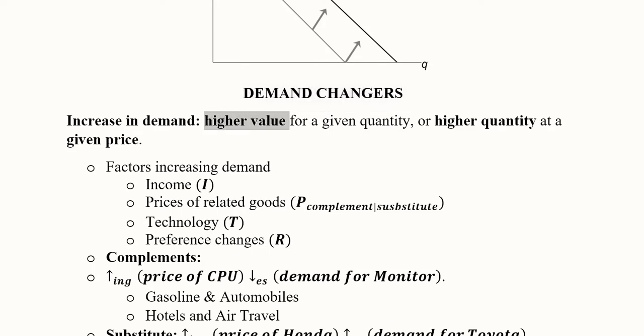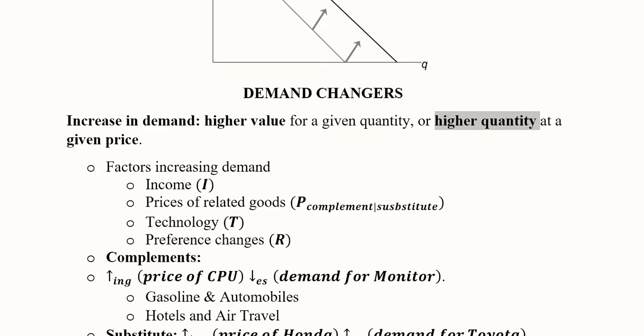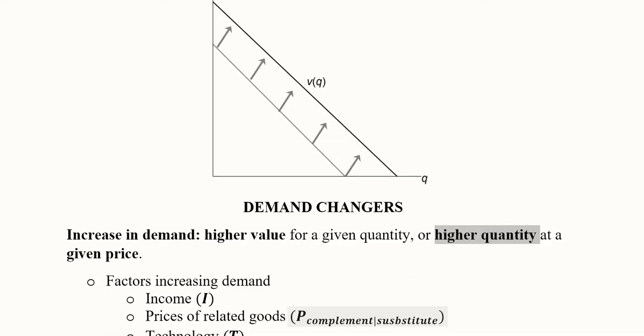A higher value of a given quantity can happen, or a higher quantity at a given price can happen. Because if I consider this quantity, it will lead to this price. But if I extend this to the shifted demand curve, it will lead to a higher price or higher value. So you see, the shift can bring this change, that the same quantity demanded can lead to a higher price.